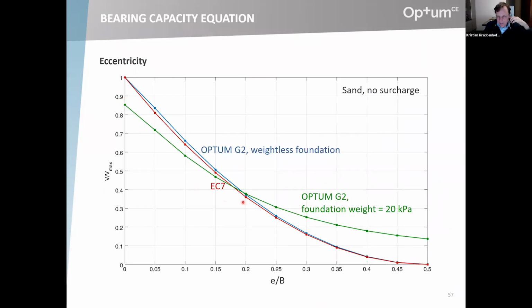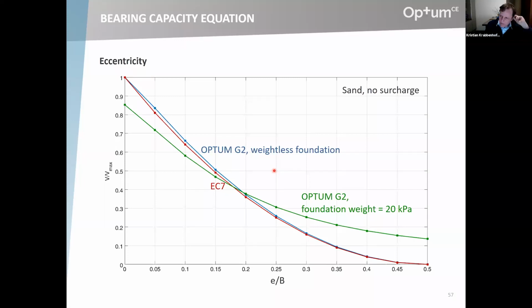But it also means that things are less critical for large eccentricities. We can actually, in this case, place the force right out at the edge of the foundation and still have a finite capacity.